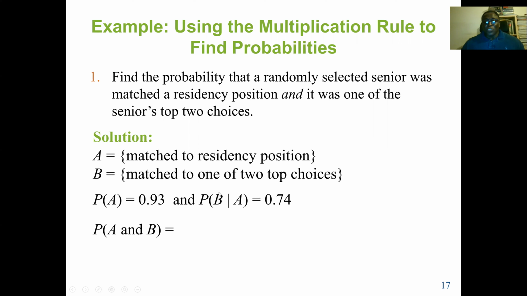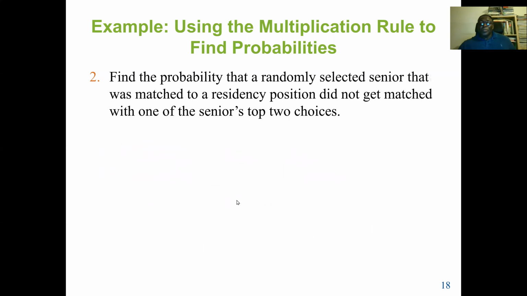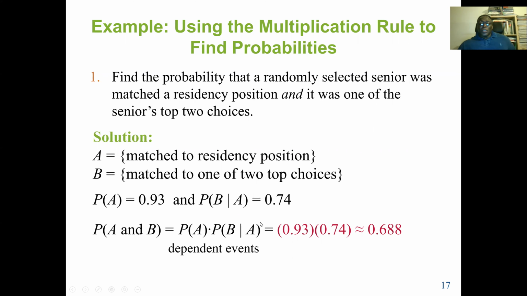So probability of A is 0.93, probability of B given A will be 0.74, and probability of A and B will be probability of A times probability of B given A, which will give us 0.93, which is probability of A, times 0.74, which is probability of B given A.